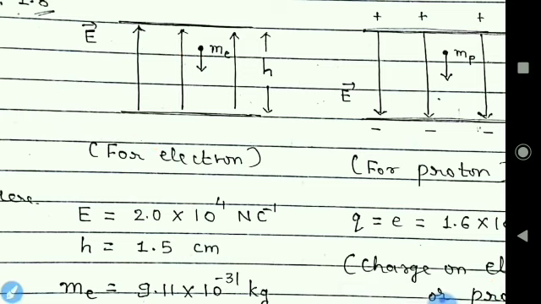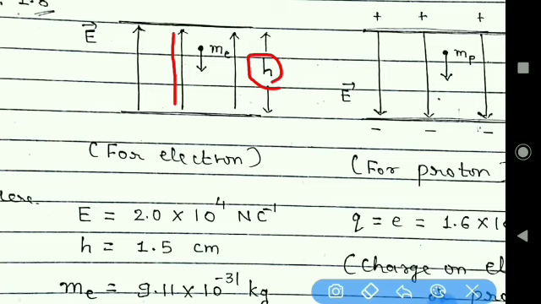Now suppose this charged particle covers the distance h in the electric field due to this force, so it will take some time to reach from one point to other. This distance covered by the charged particle is given 1.5 centimeter.